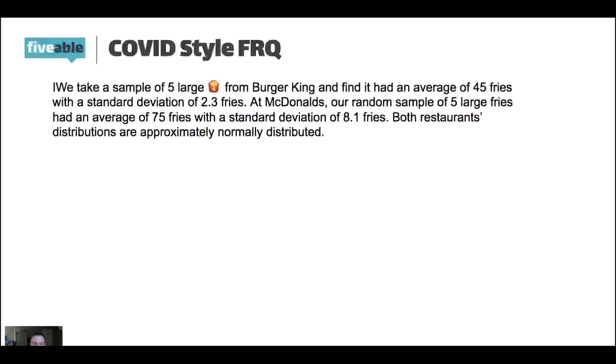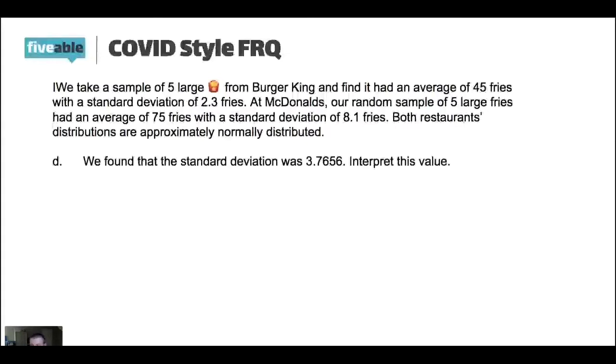Okay, let's see. So D, it says we found that the standard deviation was 3.7656. Interpret this value. So kind of throwing things for a little bit of a loop because we haven't been asked to interpret standard deviation in a little while. We're focused on inference here, and now we are interpreting standard deviation.